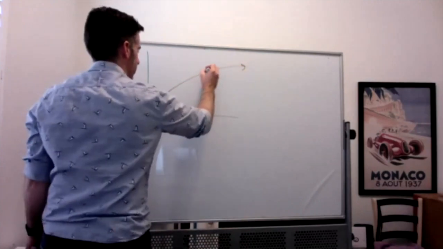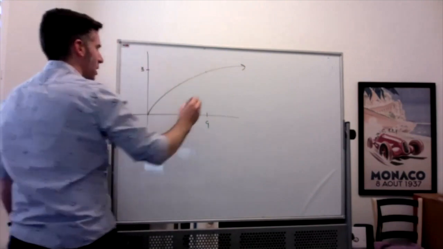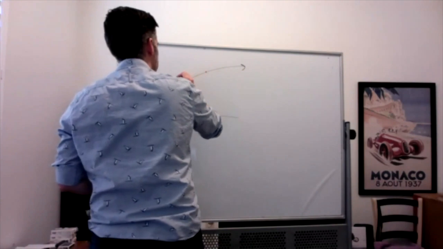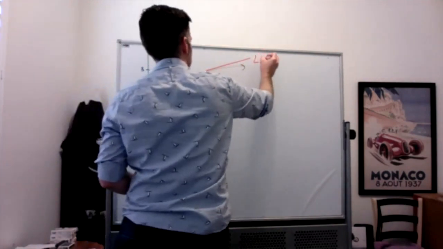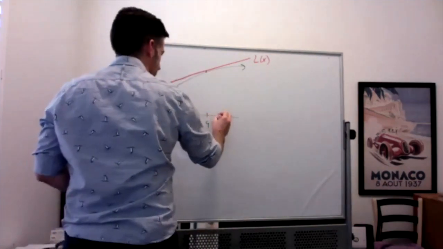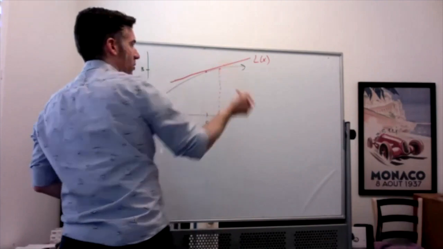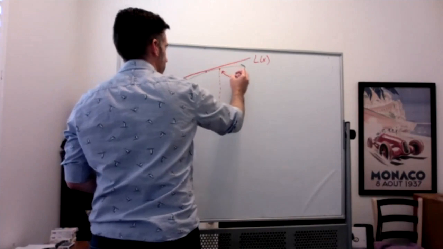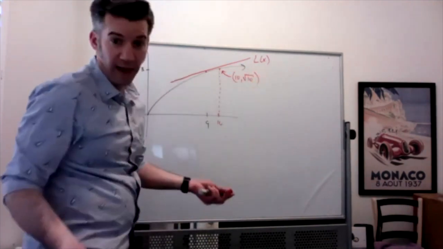And maybe say this is the point 9, 3. And the idea here is that we're using the tangent line at that point. That's your linearization. Say, well, if I plug in 10, instead of finding the y value there, which would be the square root of 10, so that there, that's the point 10 comma square root of 10, whatever that is.